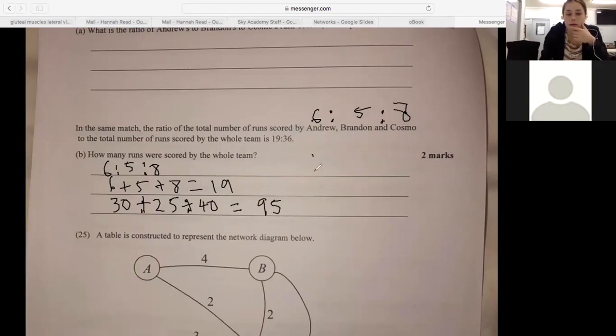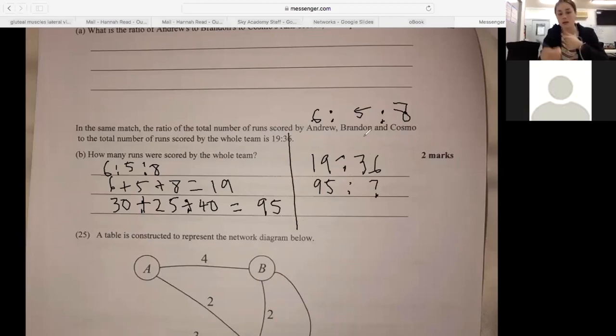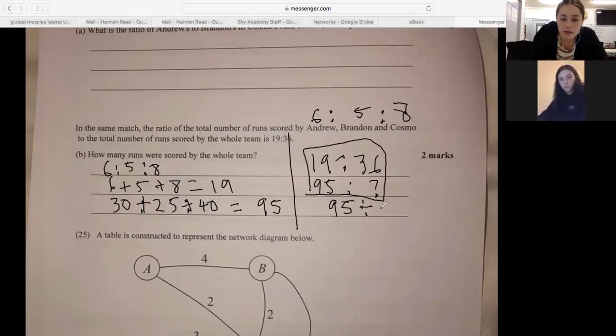So we know the ratio 19 and 36, and we have 95 plus a number. What could we do now? 95 divided by 19 equals 5.